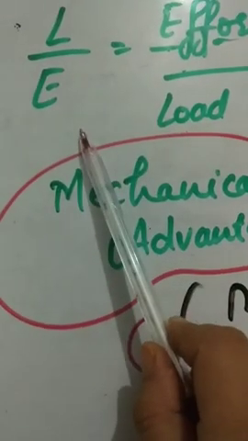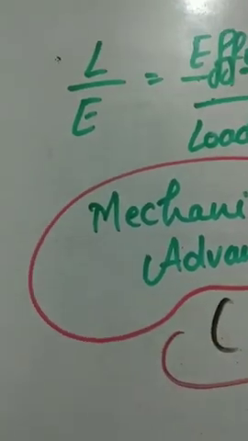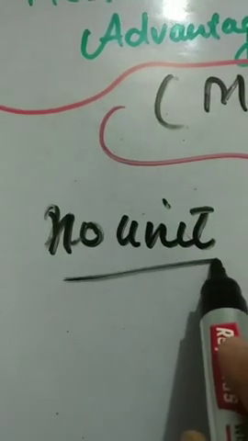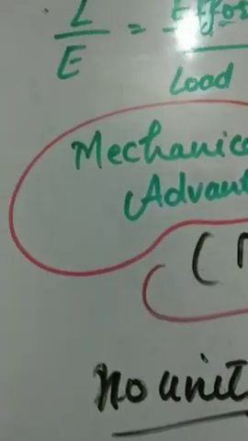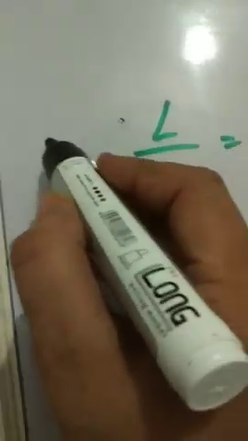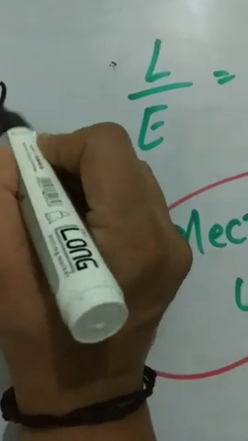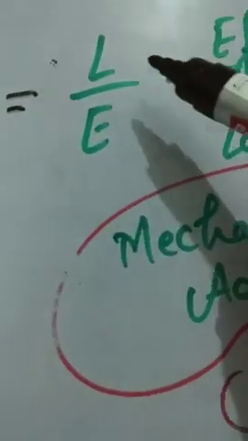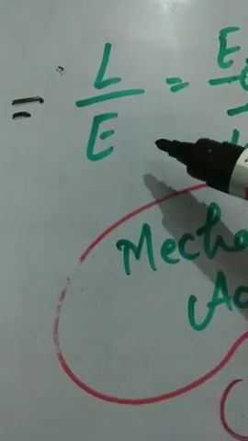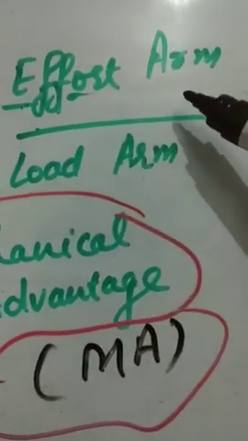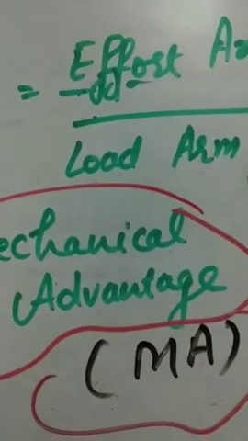Since it is a ratio, it has no unit. Mechanical advantage equals load by effort equals effort arm by load arm.